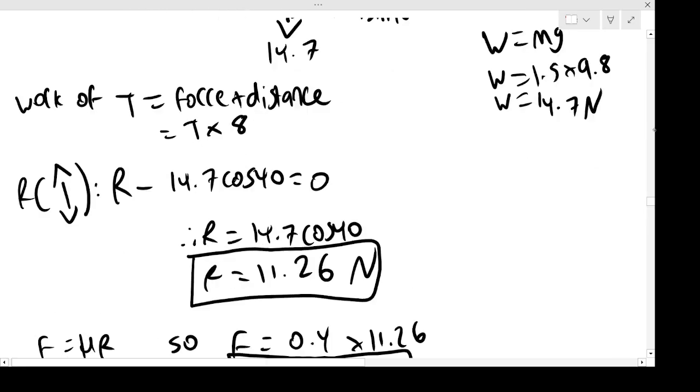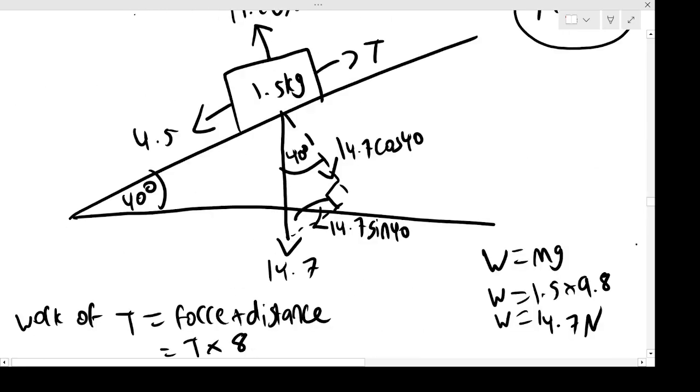But also look at this side, this little force here, that is also parallel to the surface. Look at the friction force: hopefully you can see that matches the direction of this 14.7 sine 40.